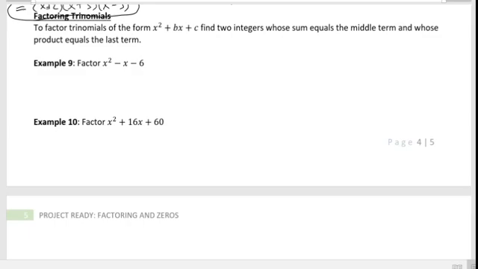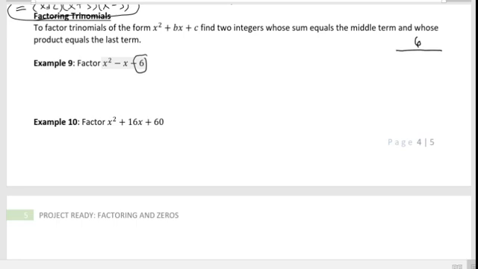Okay, so other polynomials that we'll have to factor are when they look like x squared plus bx plus c. And if the number in front of x squared is a 1, then we're going to be factoring in this form. And so basically, what you want to do is take your constant here, which is a 6.